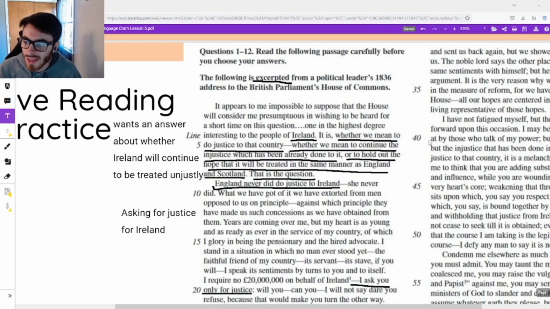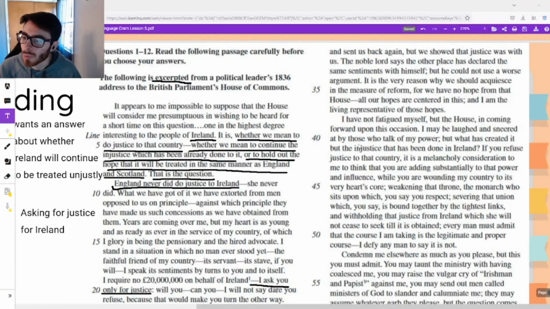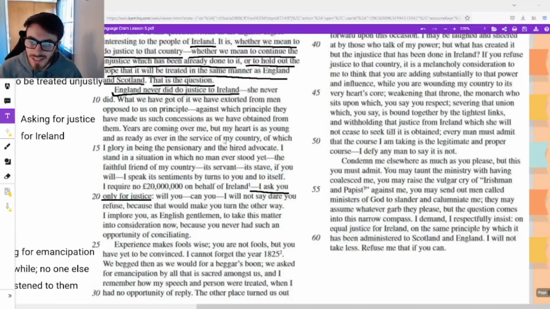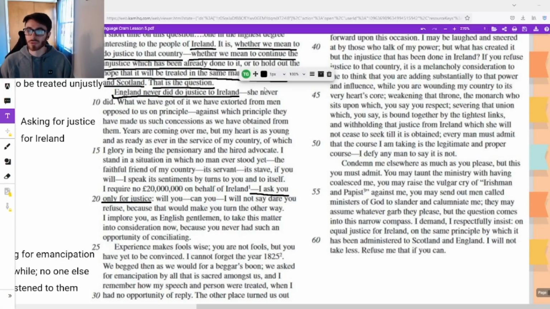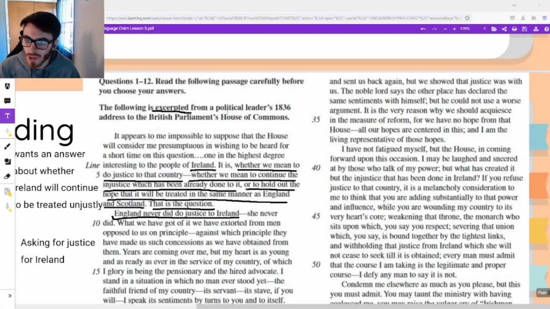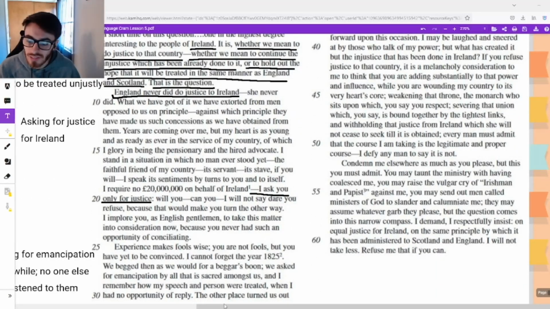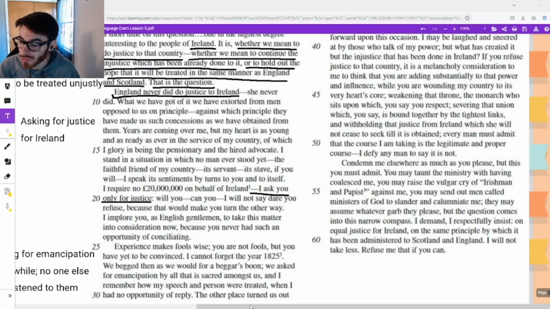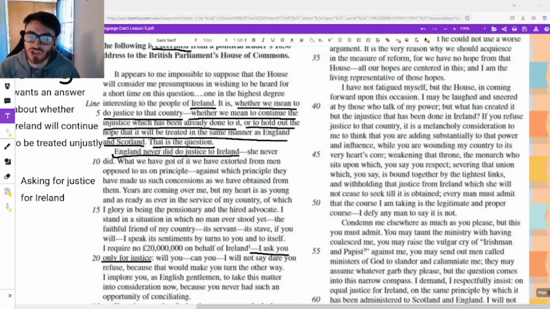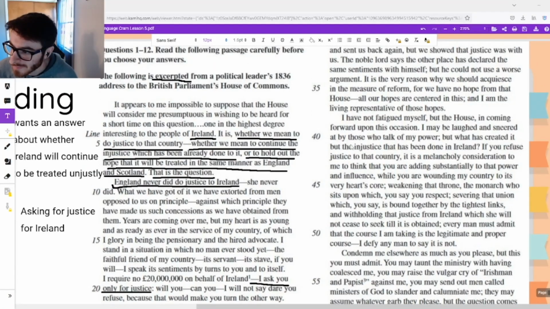So now he's saying this is the final hope here, almost. So it's continuing with trying to persuade the House of Commons to give Ireland its freedom, or the justice that they're looking for.